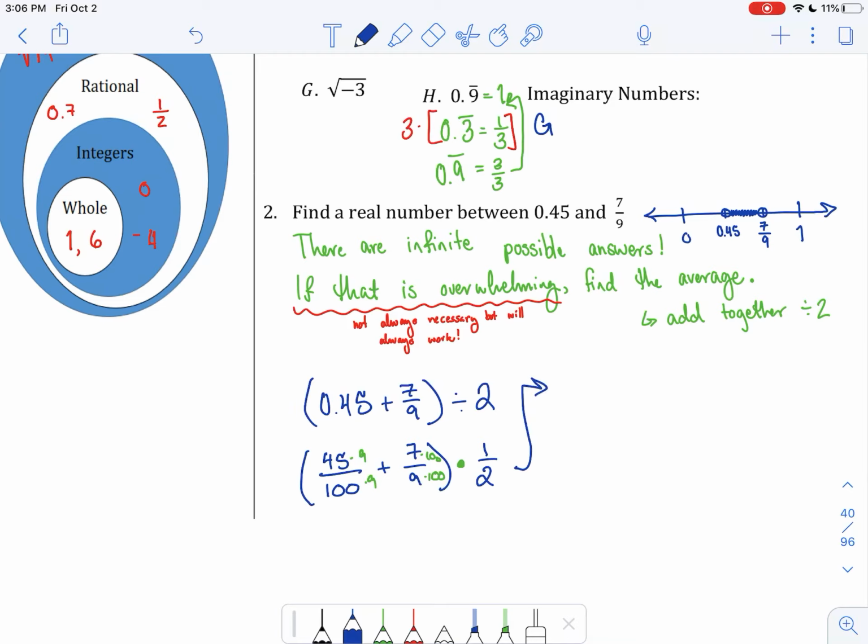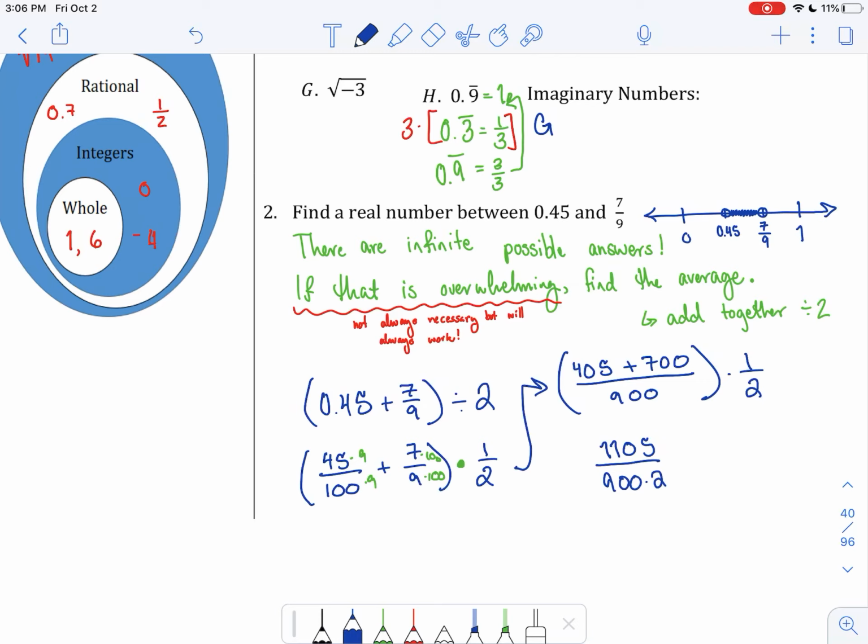Now, we're going to finish our work over here. We now have 405 over 900 plus 700 over 900 times 1/2. So that would be, in the numerator, we just add those together. 1,105 over 900 times 2.